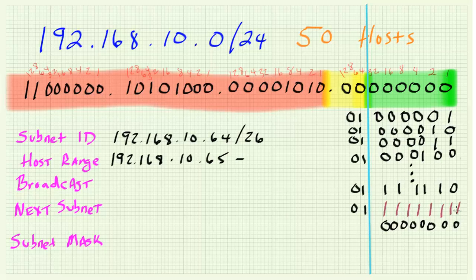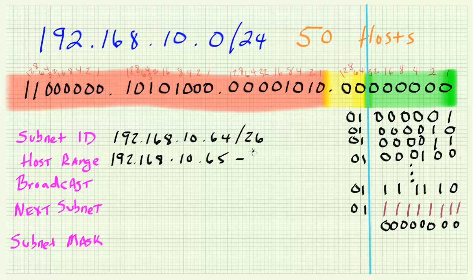Well, we can go down here and look at the bits. The definition of the last host is going to be the situation where we've got all of the host bits set to 1 except for that last one, and we can just add up the bit weights. So we add 64, which is our subnet bit, and then all of the host bits except for that last one that's 0 because that's our last host: 32, 16, 8, 4, 2, and 1, and we get a value of 126.